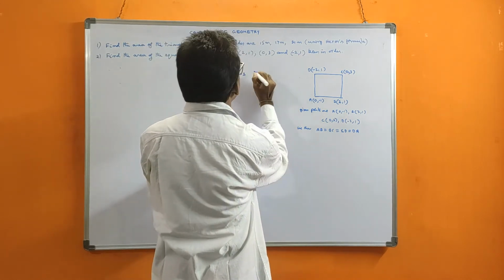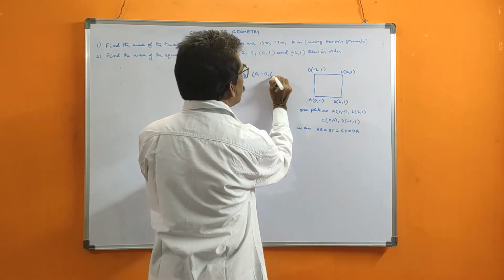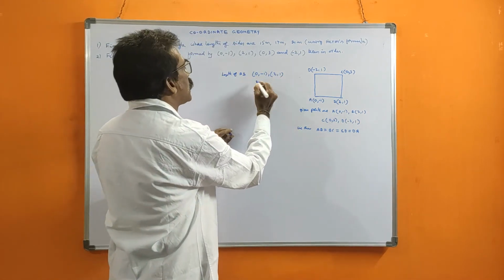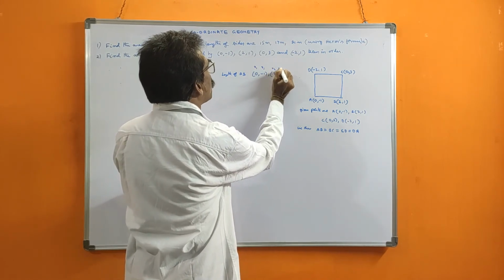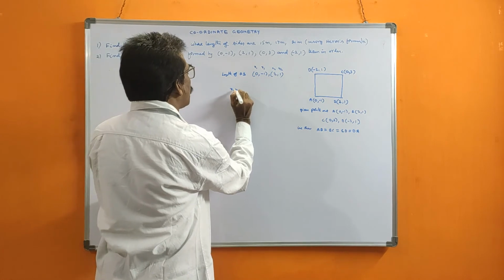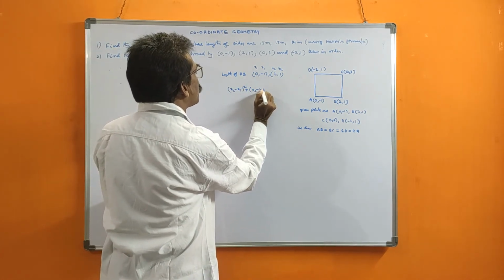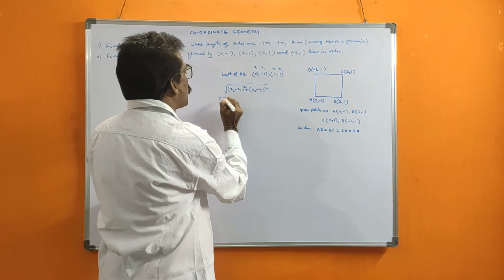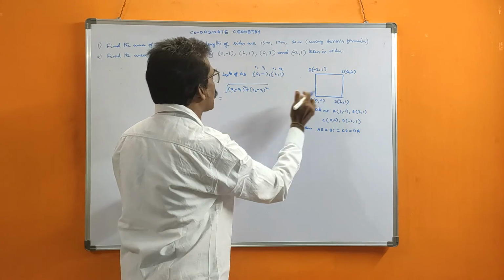A point is 0, minus 1 and B point is 2, 1. So length means distance between 2 points, x1 y1 and x2 y2. Distance between 2 points is root of x2 minus x1 whole square plus y2 minus y1 whole square. By this formula we can calculate the distance between A and B.